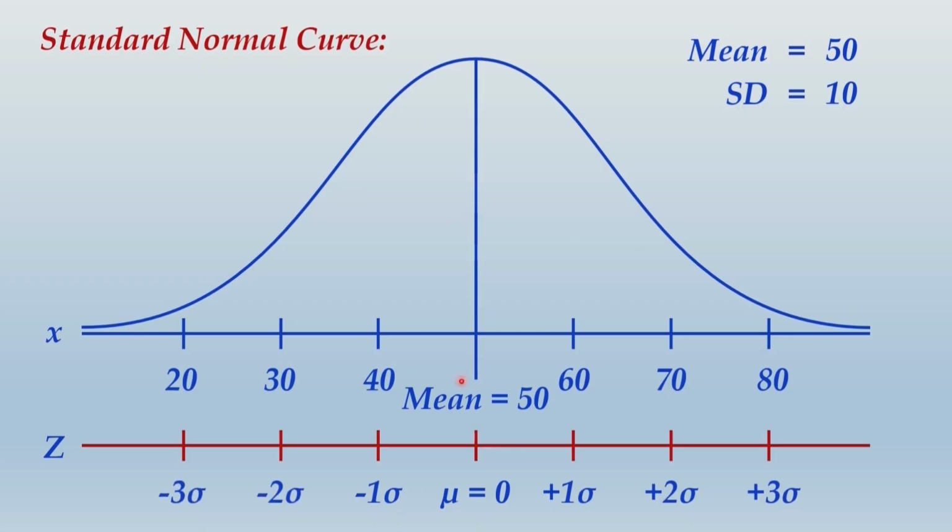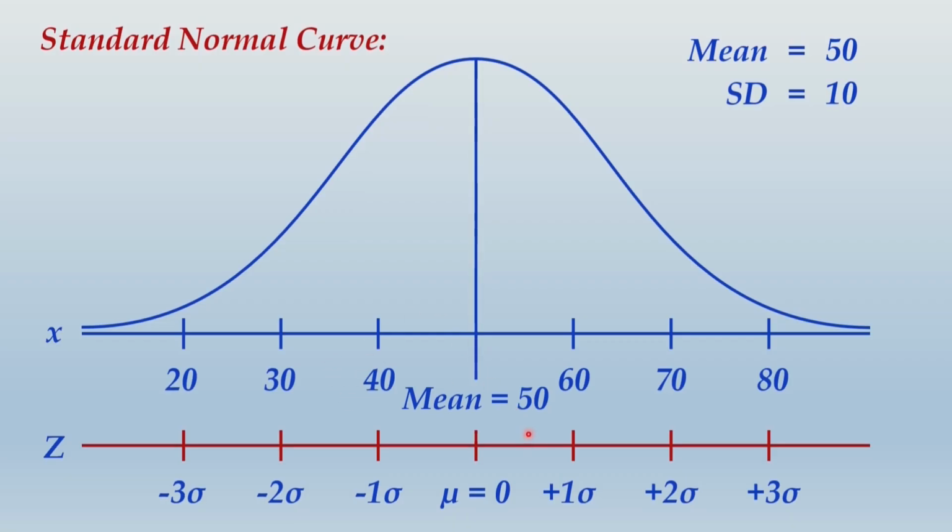So basically when I say 40 marks, why is it minus 1 sigma? Because 40 marks would mean the mean marks is 50 and the observed value of x is 40. So you know what you do to get the z value? It is x minus mu.